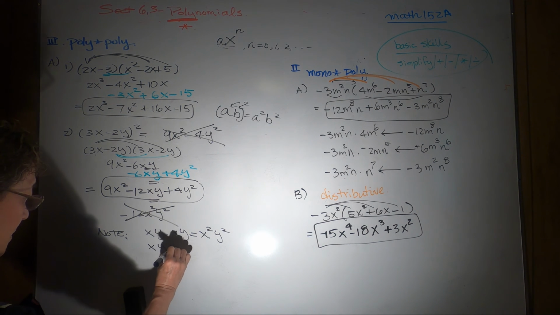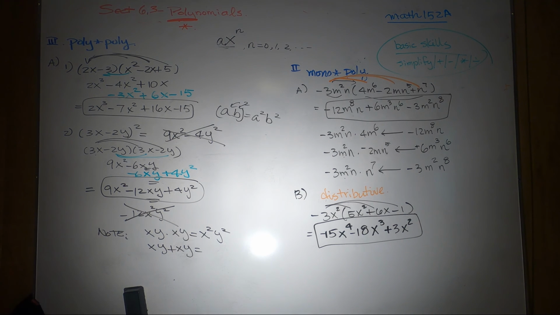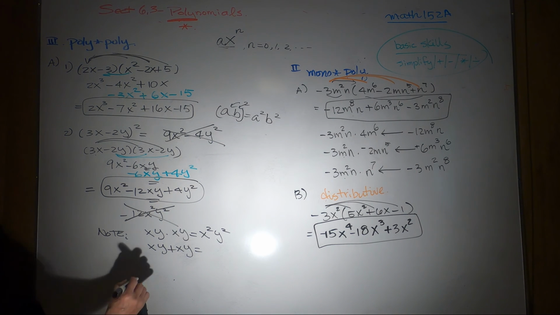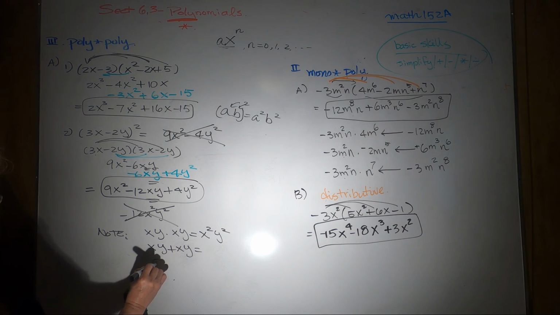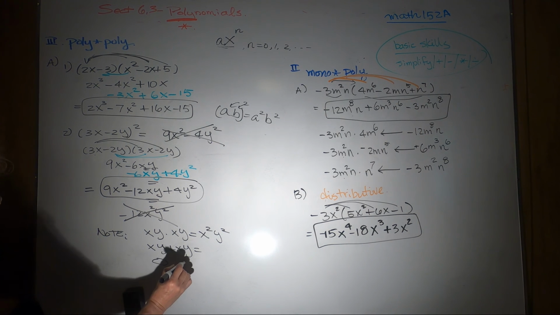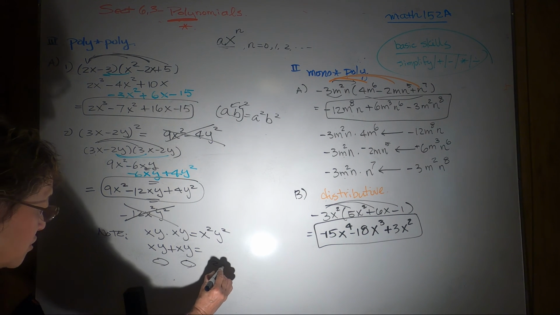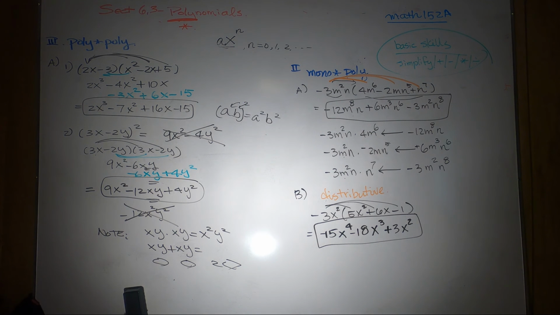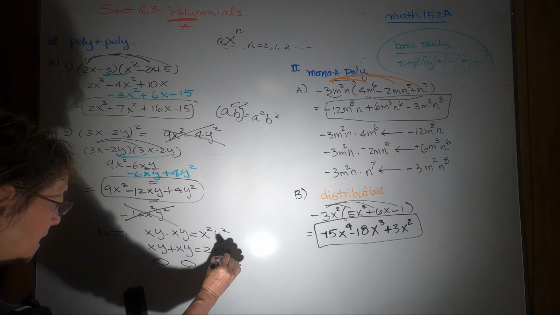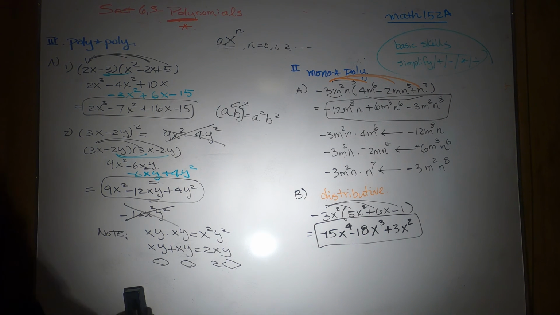However, if xy plus xy, what should we have? This is x and y, same entity. When you put it together, you should have two of those. So it should be 2xy. That would be the mistake you would make.